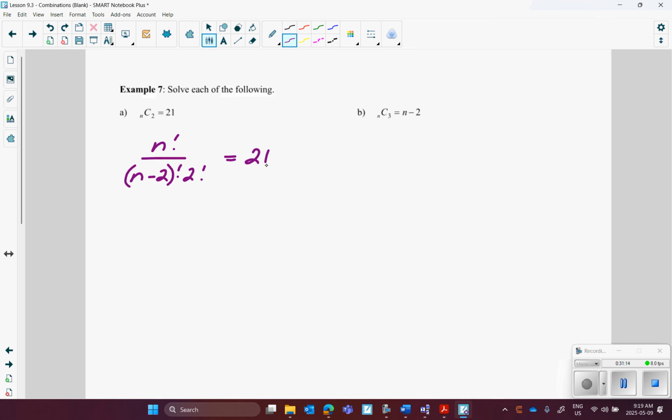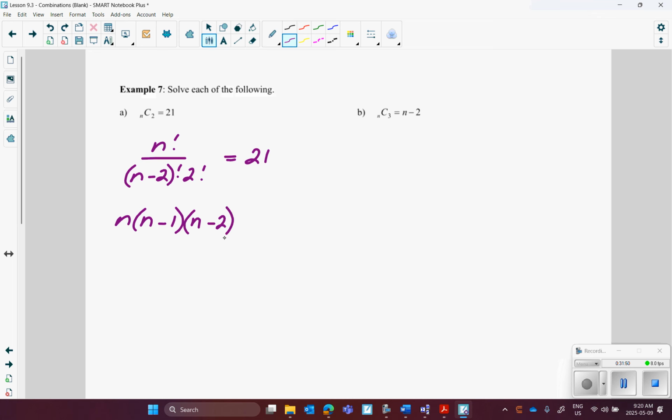Do you remember what to do first? Maybe there's something else we can do first. Why don't we get rid of the factorials? Do you remember how to get rid of those? Start writing one out until it matches the one in the numerator or denominator. This is bigger than this, so start writing this as n, then n minus 1, and then n minus 2.